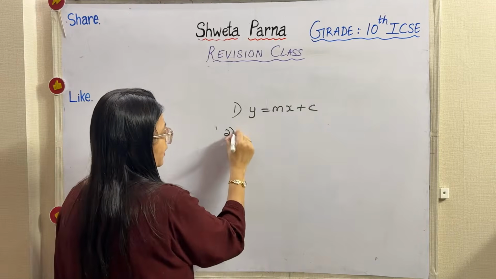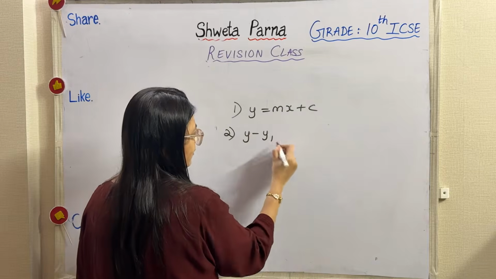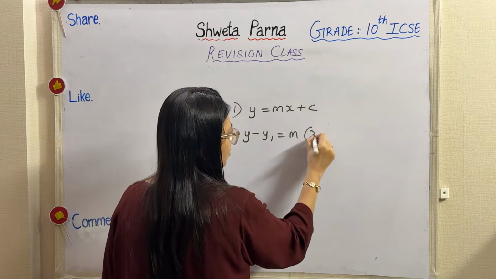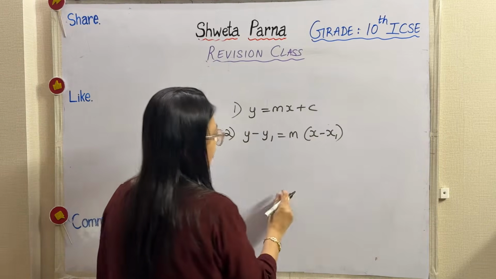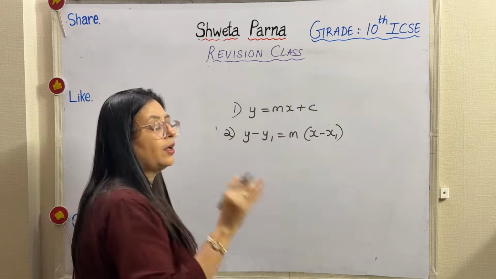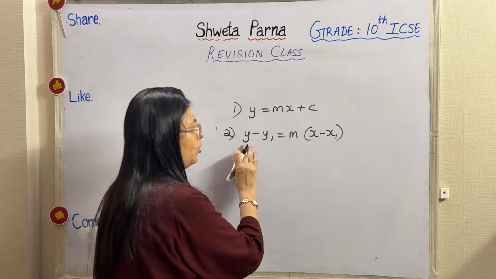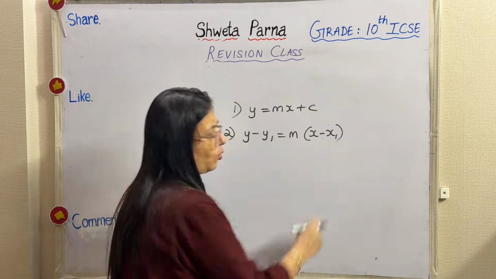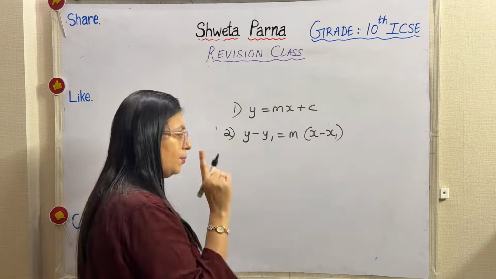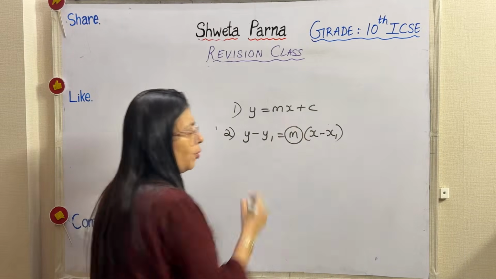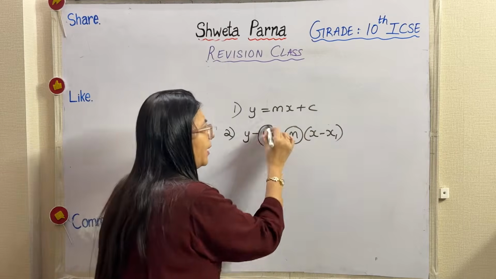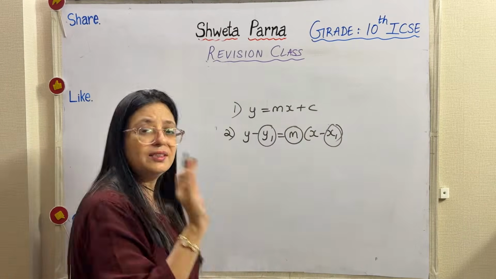Okay. Second one is y minus y1 is equal to m into x minus x1. So over here you are not going to substitute the value for x and y. This is called as point slope form. In point slope form, the slope is given to you and one coordinate is given to you. That's it.